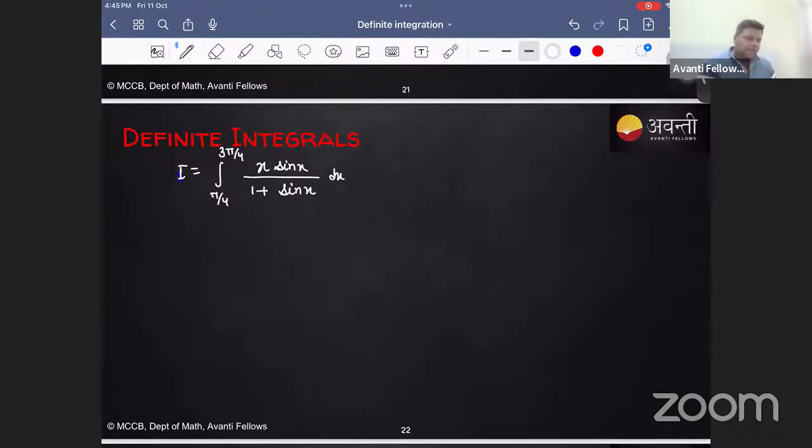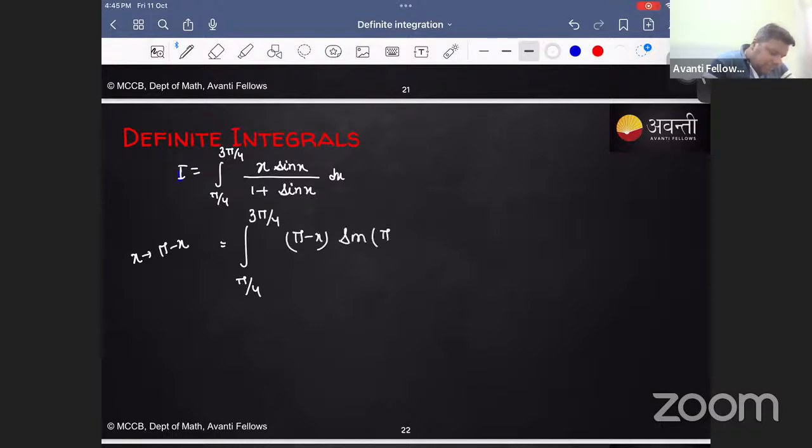All right. So first of all, we'll simply apply property 4. That means x, I will replace with sum of limits minus x. So it will become pi by 4 to 3 pi by 4 pi minus x sin pi minus x upon 1 plus sin pi minus x dx.